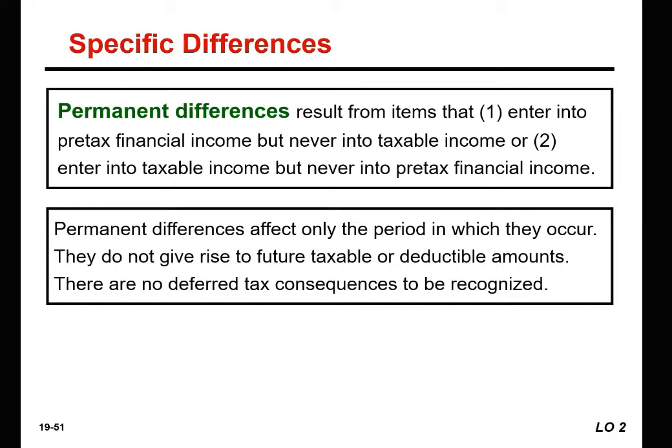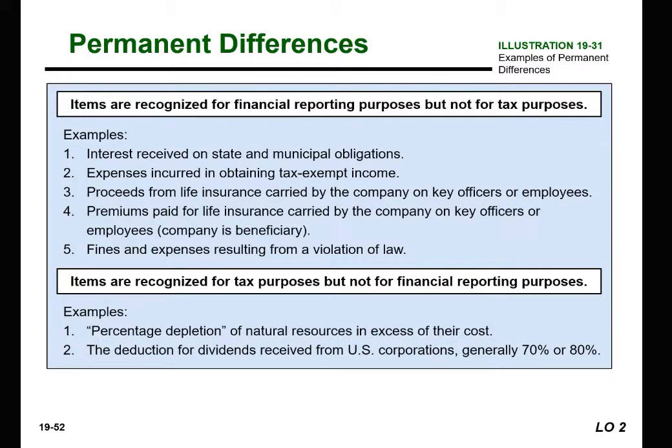So some examples of some permanent differences. As we said, interest received on state and municipal obligations, expenses incurred in obtaining tax-exempt income, proceeds from life insurance on key officers or employees, premiums paid for life insurance carried by the company on key officers or employees in which the company is a beneficiary, fines and expenses as the result of violations of the law.